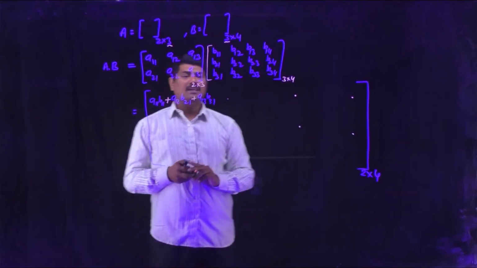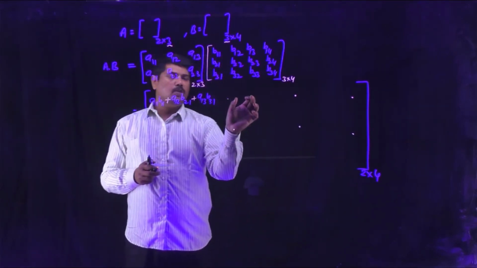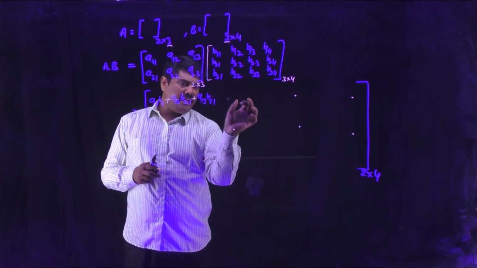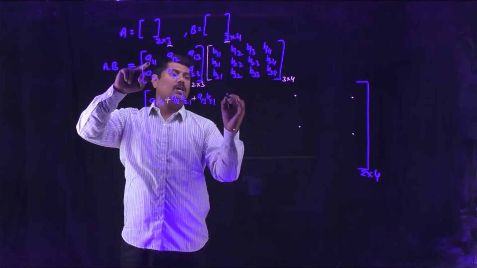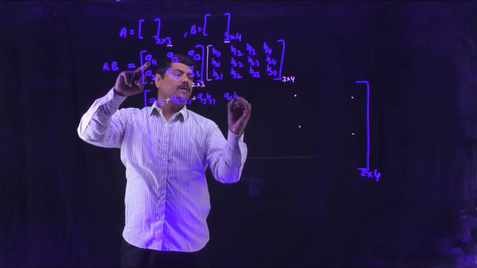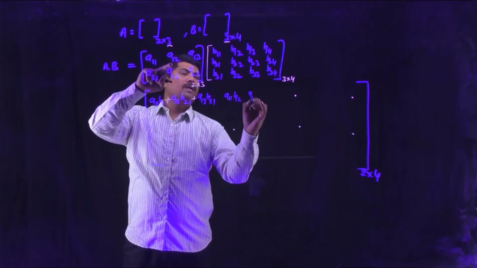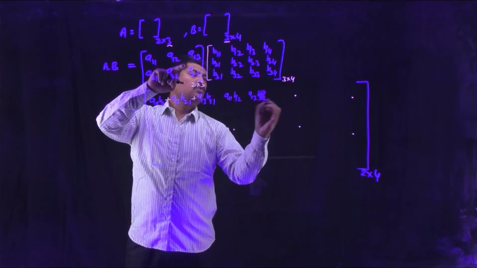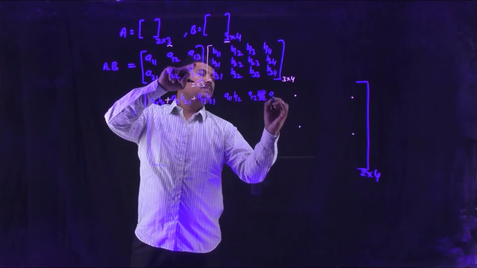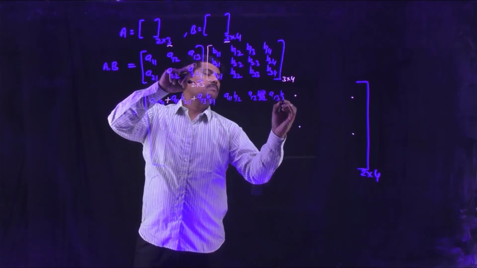In the same manner, this is the 12 position. 12 itself indicates multiply the first row with the second column. So multiplying the first row with the second column, you will get A11 B12, A12 B22, A13 B32.